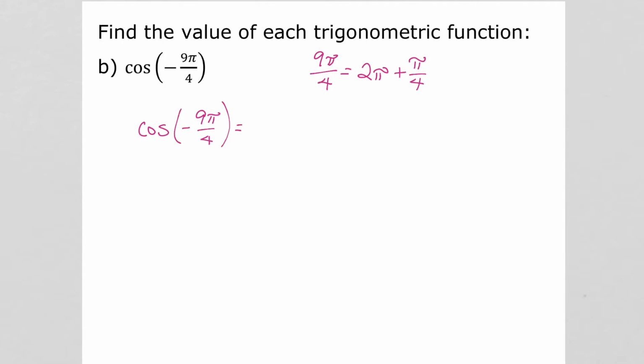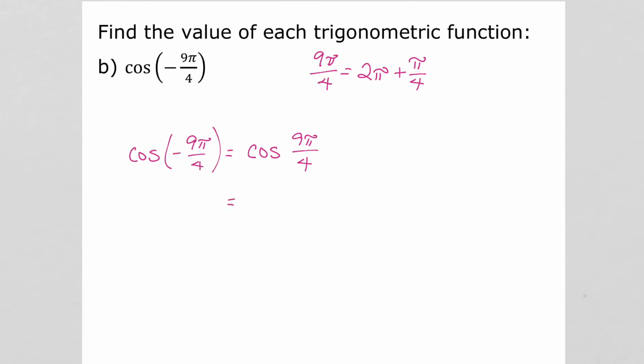So the cosine of negative 9 pi over 4, first off, going back to our even-odd properties, the cosine of a negative is the same as the positive of the angle.